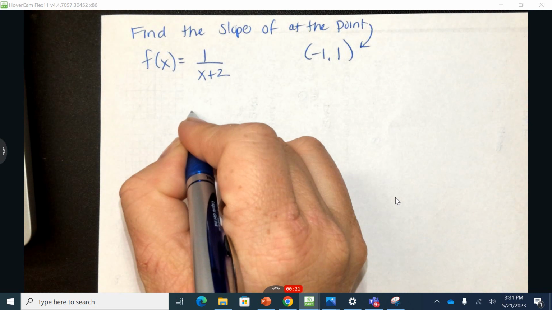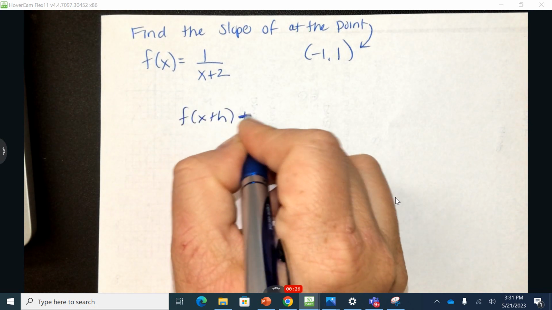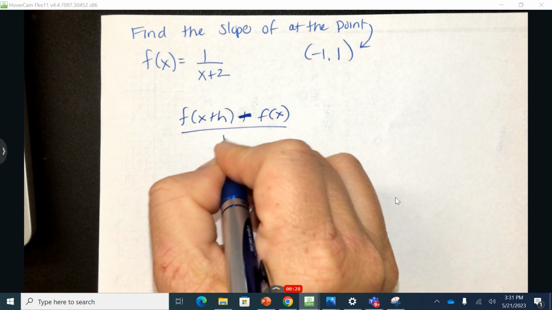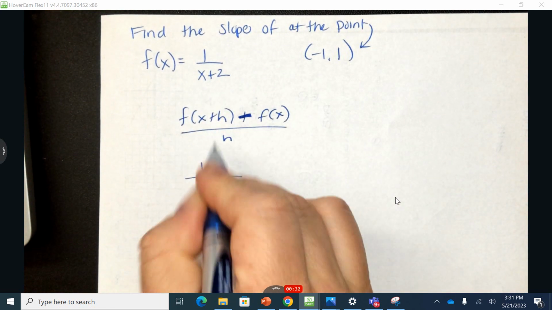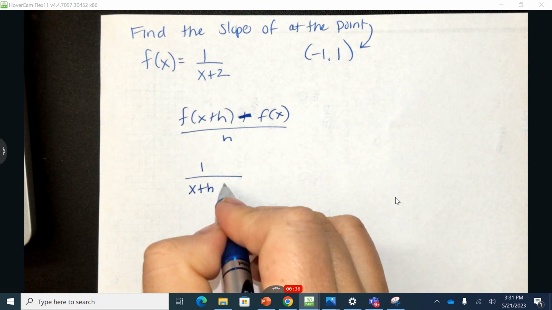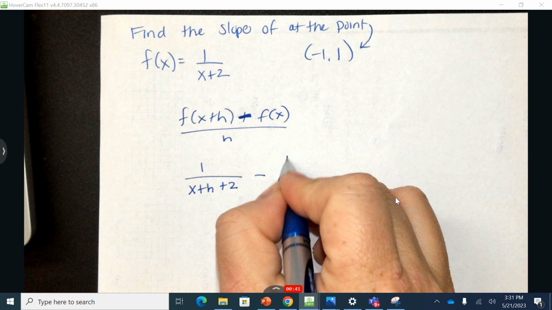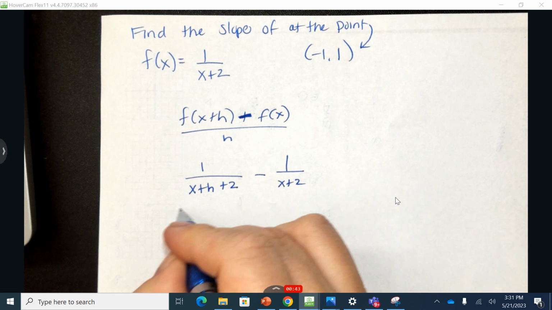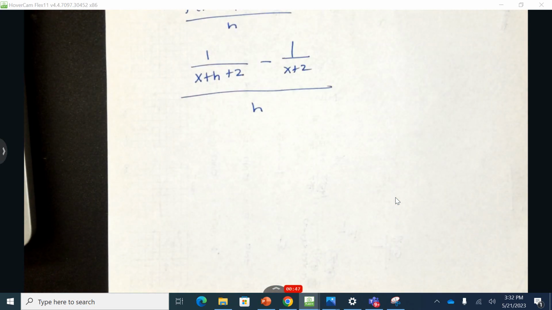All right, so I'm going to do f of x plus h minus f of x, all over h. So I'll start here. 1 over, in this position, I'm going to put x plus h plus 2, subtract f of x, 1 over x plus 2, all over h.